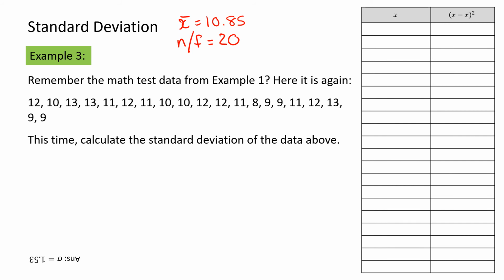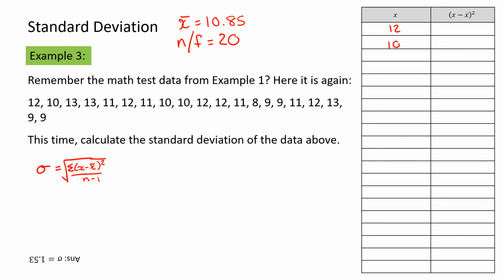So to calculate the standard deviation, remember our formula was equal to the square root of the sum of (x minus x bar) squared divided by n minus 1. What I'm going to do is write all of our values of x, just as they're written here.